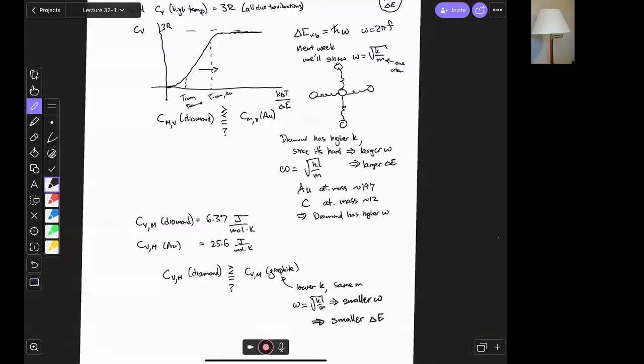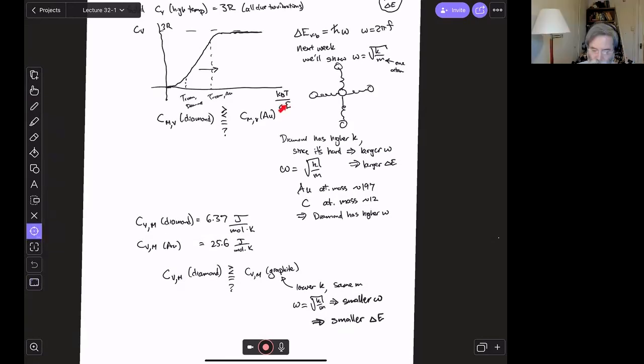So what does that mean about the heat capacity? So if we look at our graph here, delta E is in the denominator. So if it's smaller, that means you're moving to the right. So it's a larger heat capacity. Graphite is similar in comparison to diamond as gold is softer.